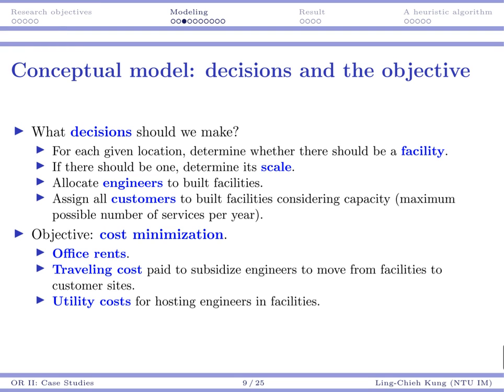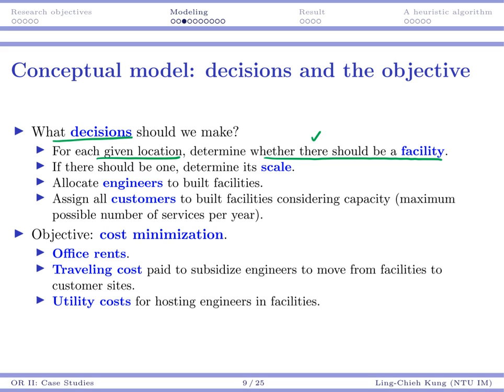Okay, so what's the decision we want to make? For each given location, we want to determine whether there should be a facility. Currently we have 12. Maybe tomorrow we want to evaluate one out of 15 or 20 facility locations. But anyway, for each location, we want to determine whether there should be a facility.